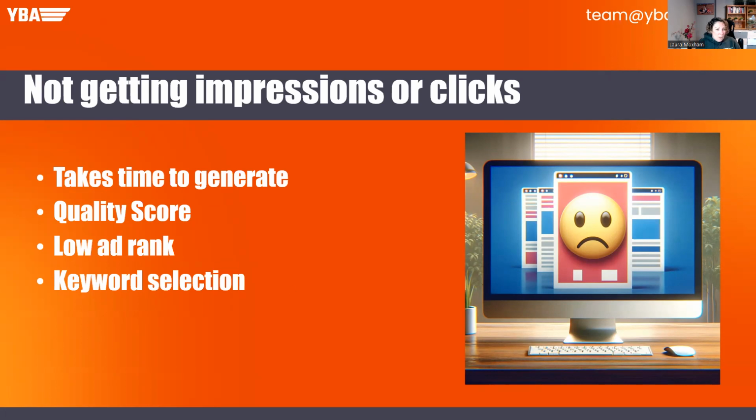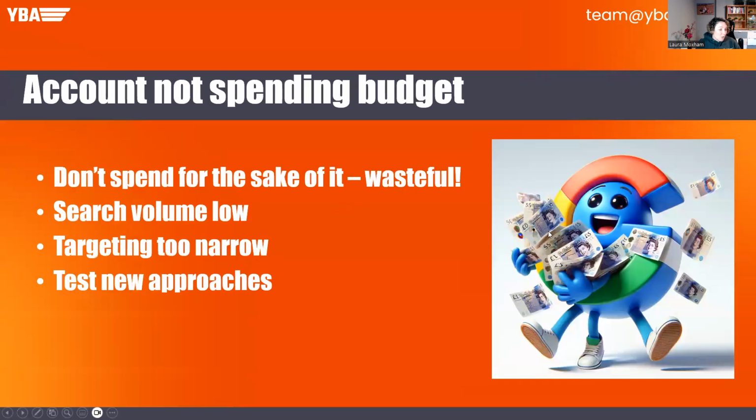We look also at not spending. So you've got your ad account working and your campaigns live, but you find that your account is not spending its budget. Now, we never spend money for the sake of spending budget.